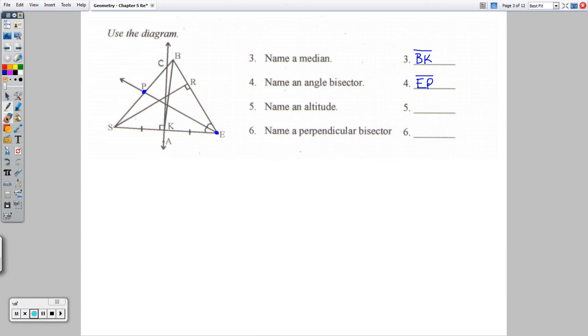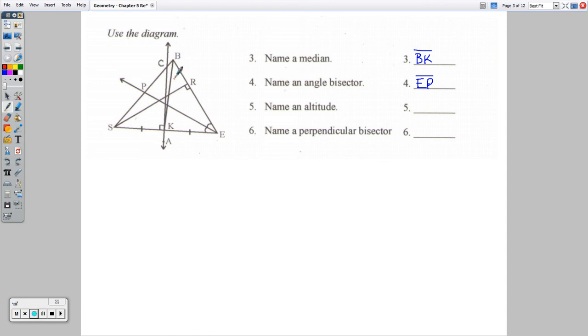So name an altitude now. For an altitude, we look at the picture. We're looking for perpendicular marks, and we're looking for a height, basically. But it has to connect perpendicular to the opposite vertex. This angle is close, but the actual perpendicular line is AC, so that's not connecting to the opposite vertex.